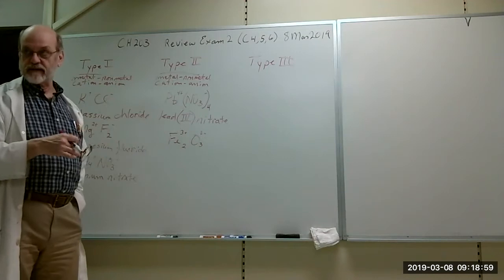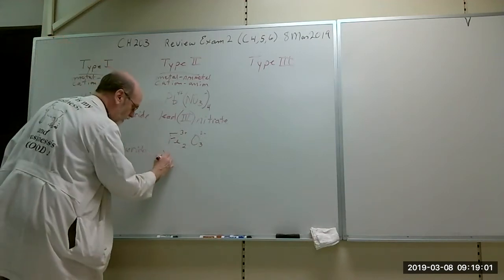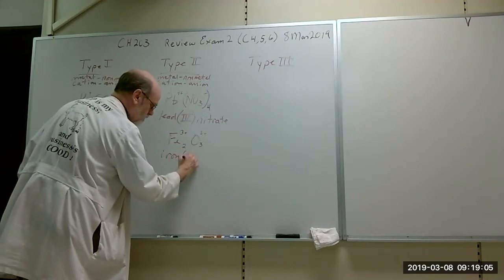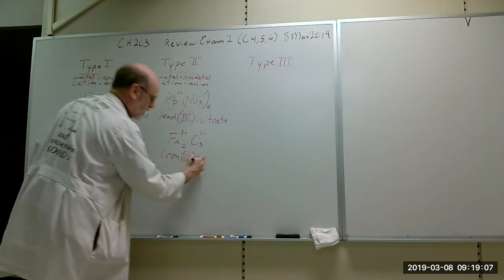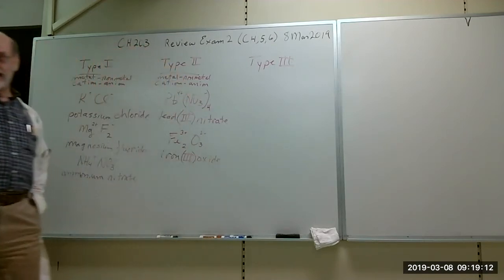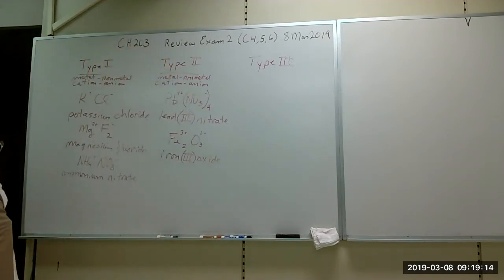Now we need to name it. So we just say iron, 3 for the charge, and then oxide for the anion. So that's your type 2 compound.